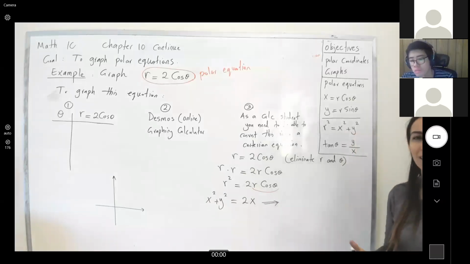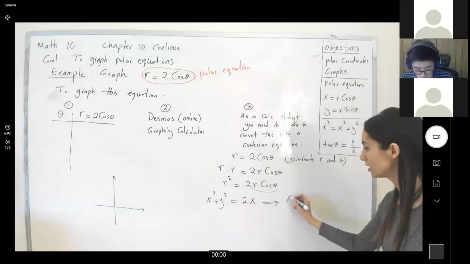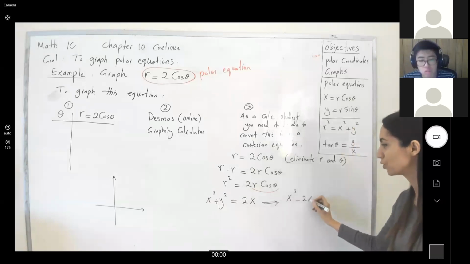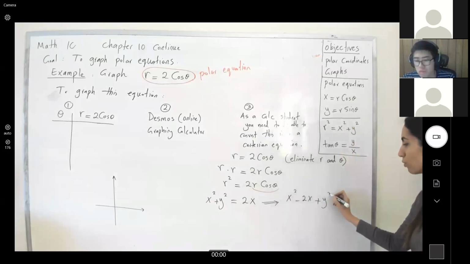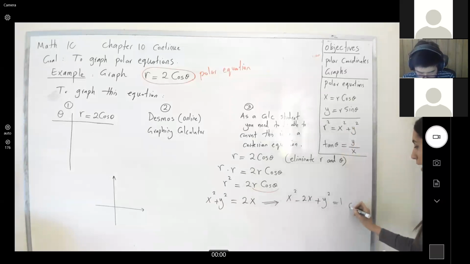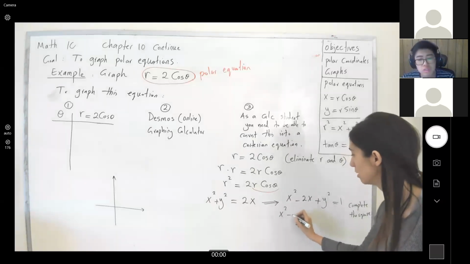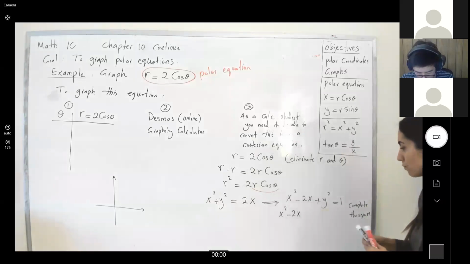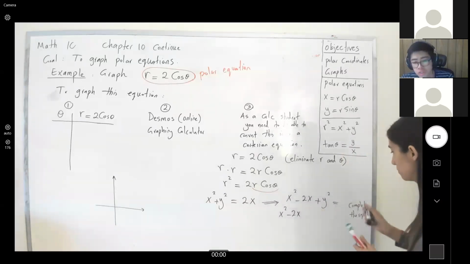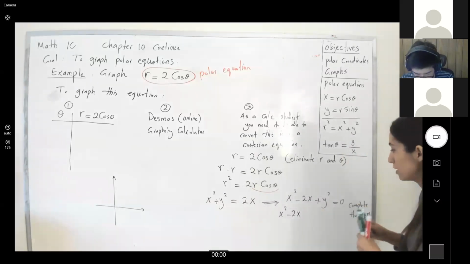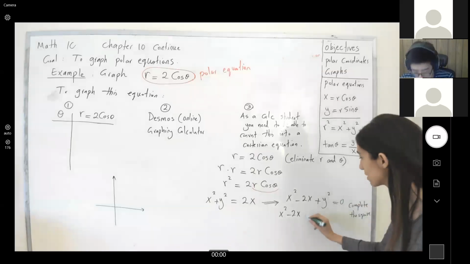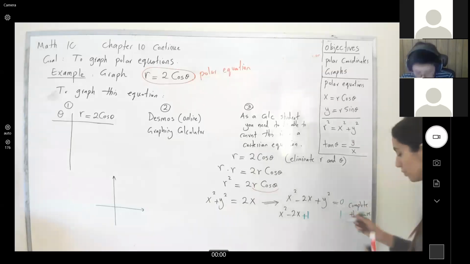So now let us simplify this more. What is this equation? It is x squared minus 2x plus y squared equals 0. Now complete the square by adding 1. So x squared minus 2x plus 1, plus y squared is equal to 1.